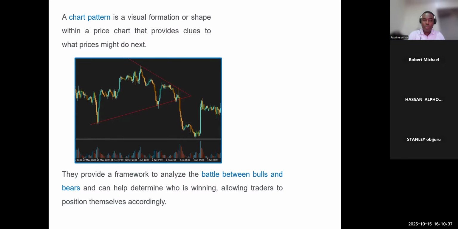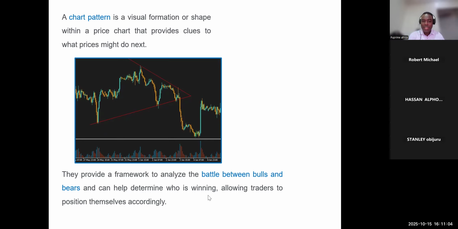That means chart patterns are predictive in nature. When you spot a chart pattern, it can tell you what will happen next before the market even goes in that direction. So we say they provide a framework to analyze the battle between the bulls and the bears, and they can help you determine who is winning, allowing traders to position themselves accordingly.